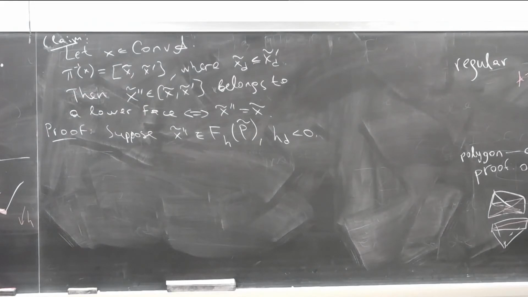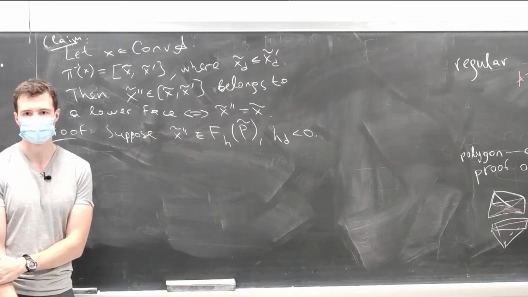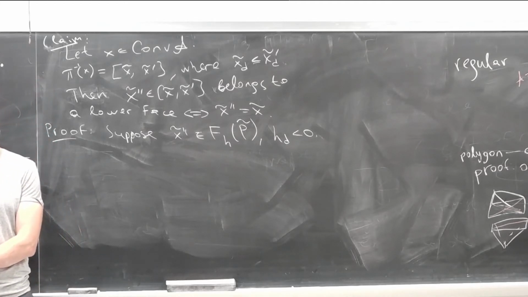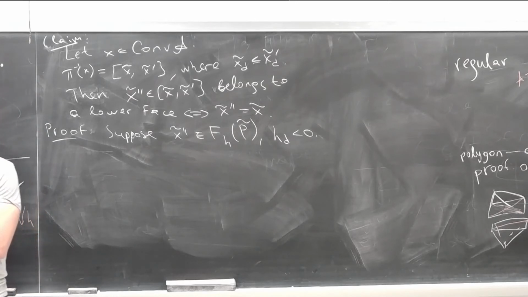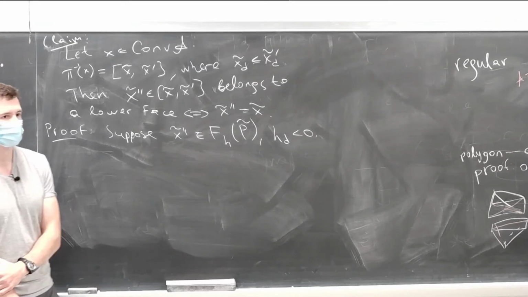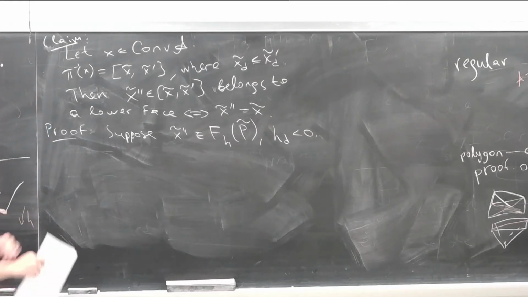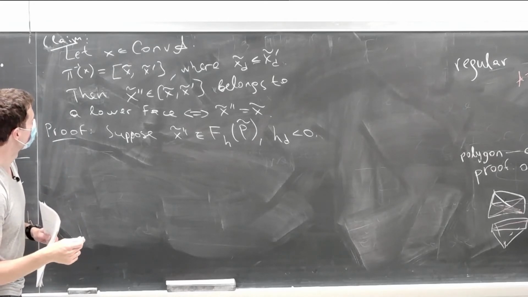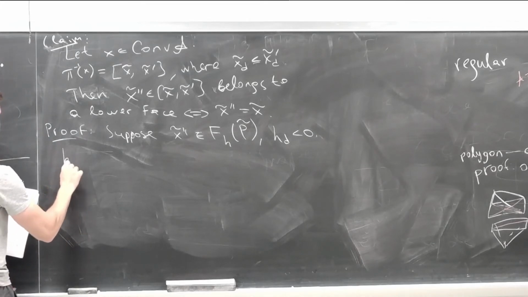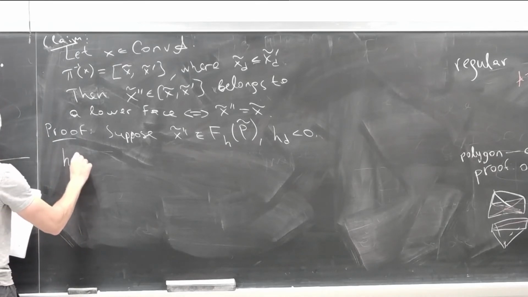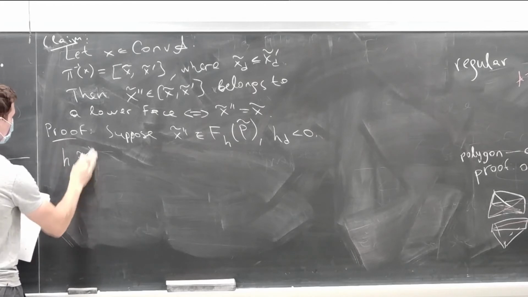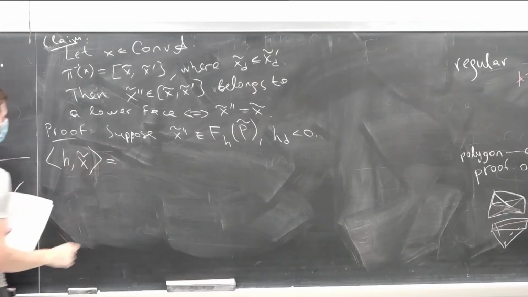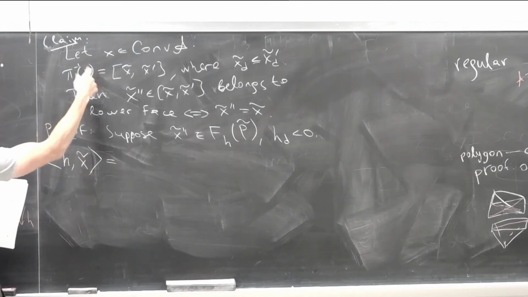Then what do I do? All right, so indeed, if I take the inner product of H with x tilde, then x tilde is obtained from x by lifting with one extra coordinate.